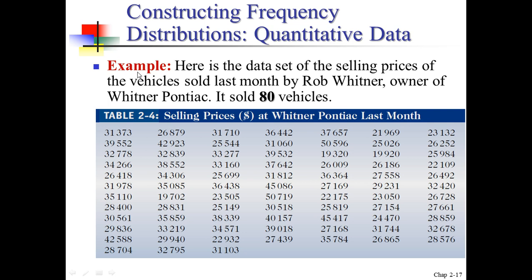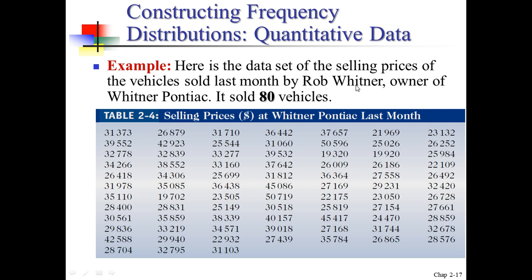Suppose here is a data set of the selling prices of cars. I say car, not vehicle. This is the data set of the selling prices of the cars that the company sold last month by Rob.